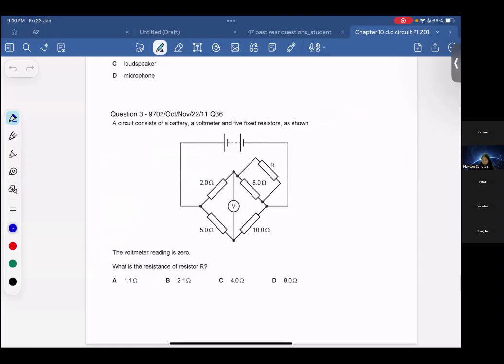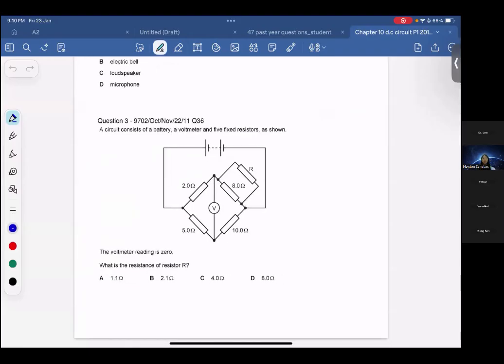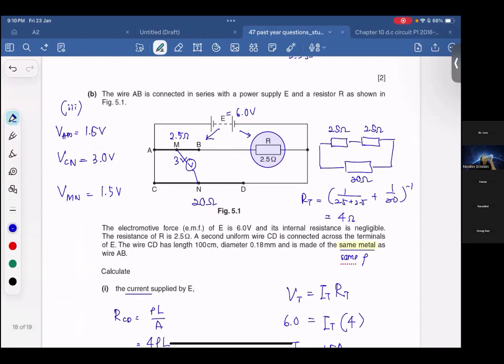Can we go back for a show? Yes, dear. Is it here? Okay. The rest of you try question number 3.